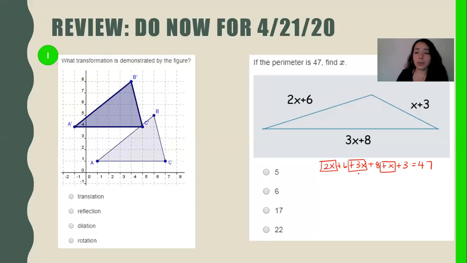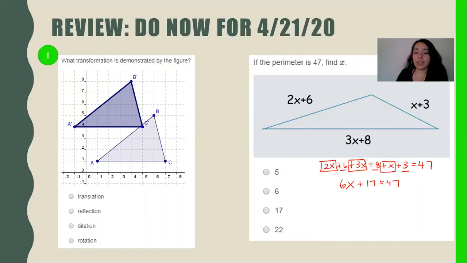So I know that 2x plus 3x is 5x plus x, that's 6x. And then I can combine 6 plus 8 plus 3. And if I add those, I know that that is 17. And now we solve for x.